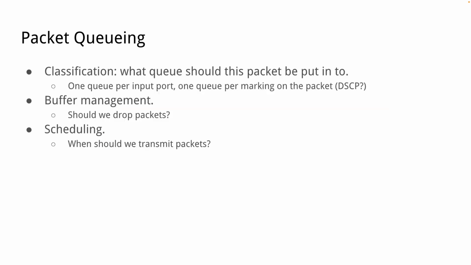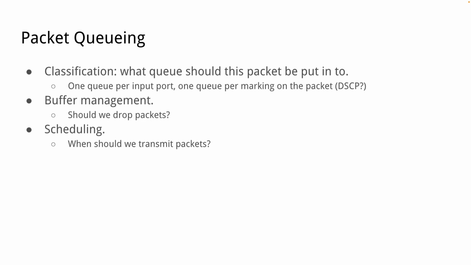There are three stages to that. First is classification. Maybe this packet is more important than another packet. Maybe this is a voice packet. Maybe this is a TV packet. Those things are classification. They're about how we tell, for a packet, what queue, what subset of forwarding behavior, we should put it into. We might have different strategies for that.